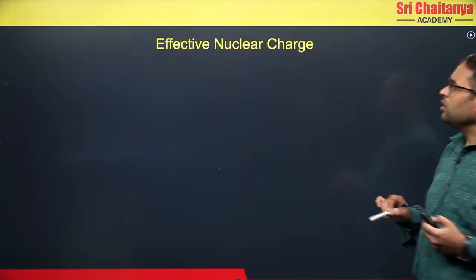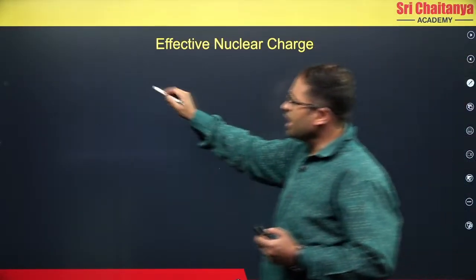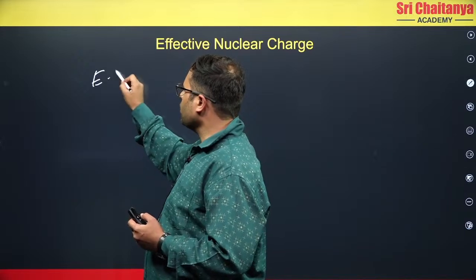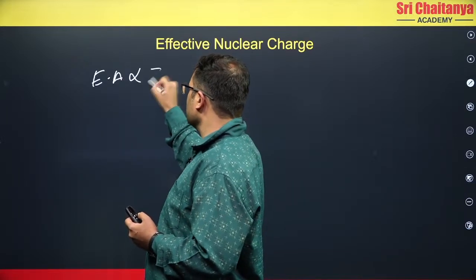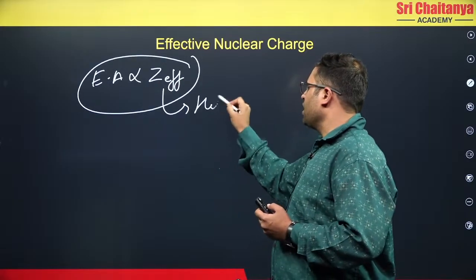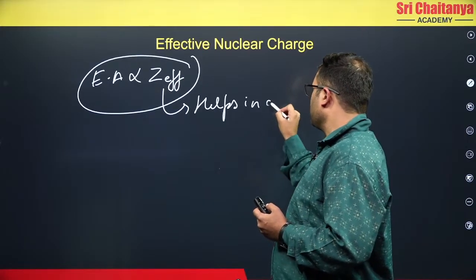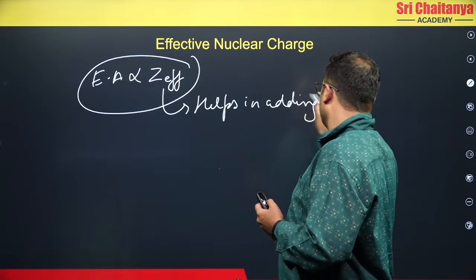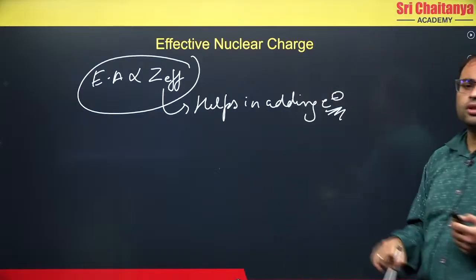Remember this. This is the effective nuclear charge. I already told you electron affinity is directly proportional to Z effective because Z effective helps in adding the electron.